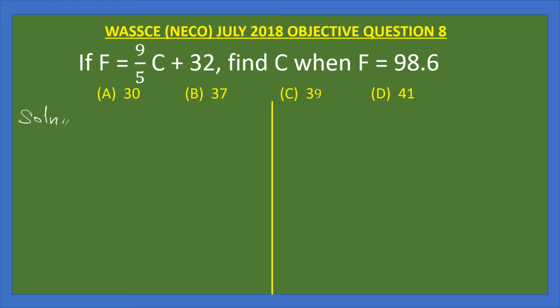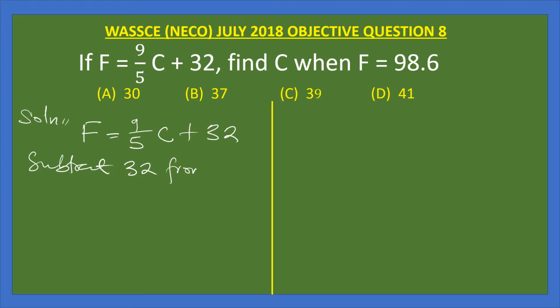Solution. They said if F is equal to 9 over 5C plus 32, we should find C. From here, we want C to stand alone. So we subtract, first of all, 32 from both sides.